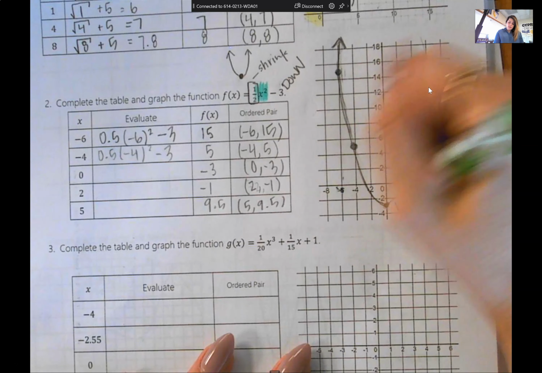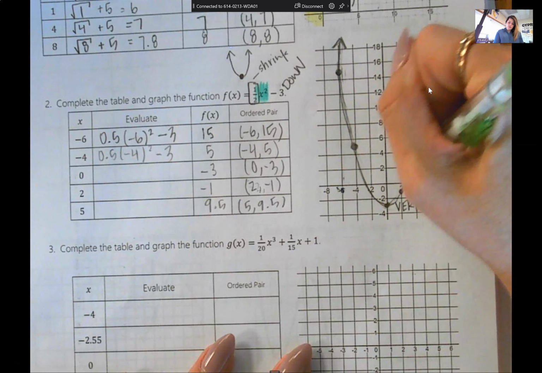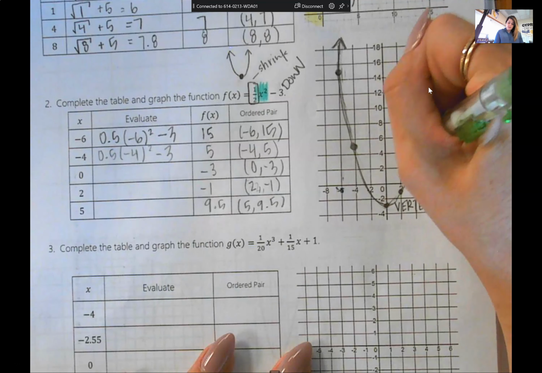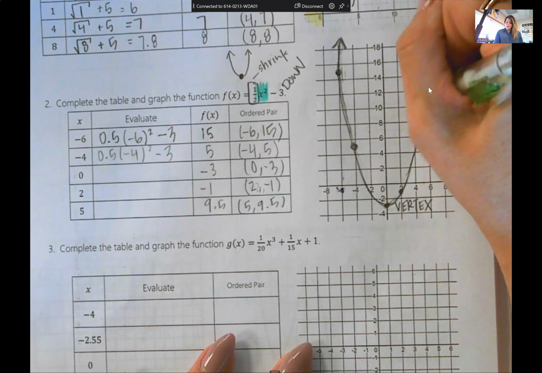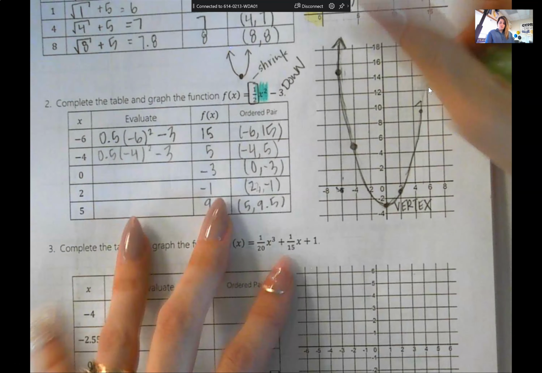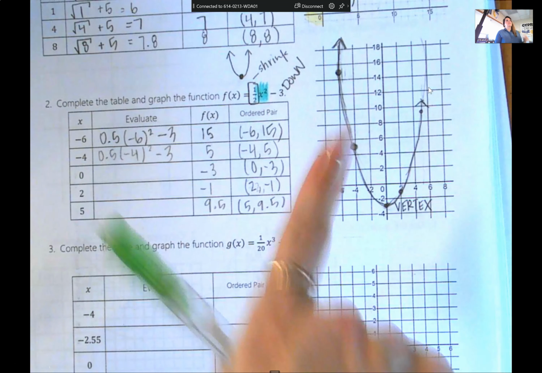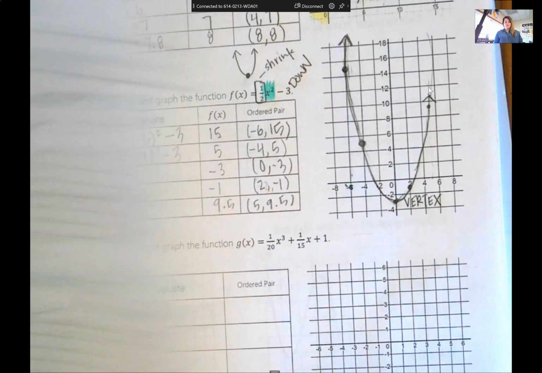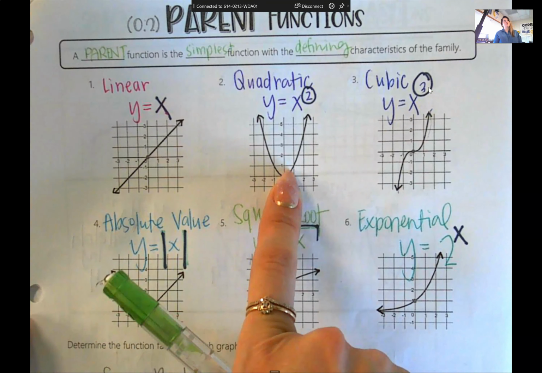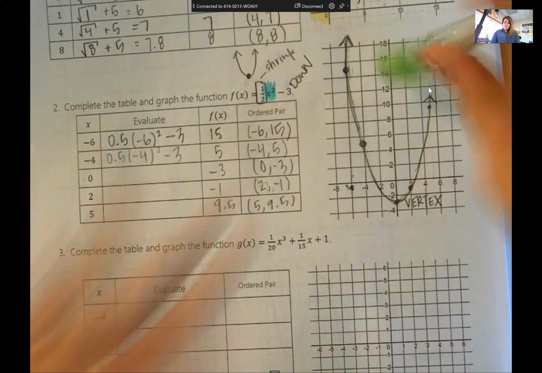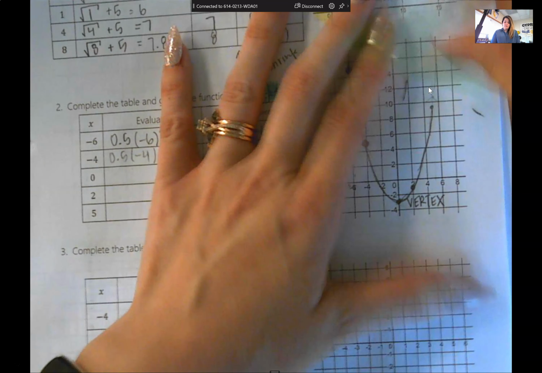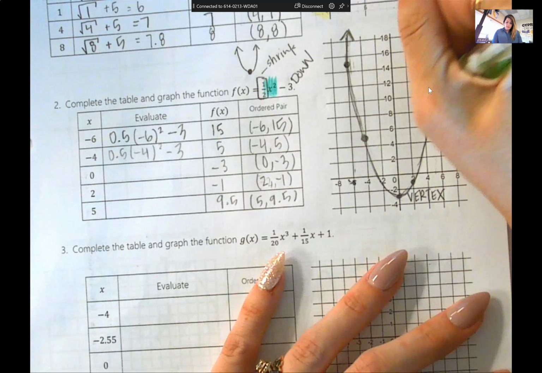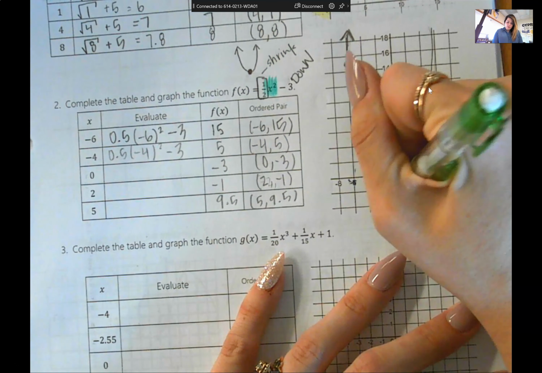Now, when you connect this one, make sure that your bottom is rounded and you don't stop here. Parabolas don't look like this. They don't have one really long side and one really short side. They're supposed to look like a symmetrical U. So you have to extend that leg up even though you don't have any more points and put an arrow on it.